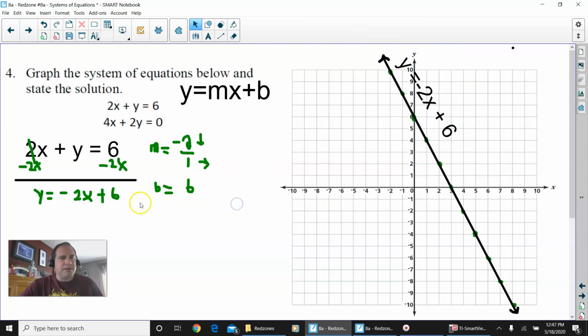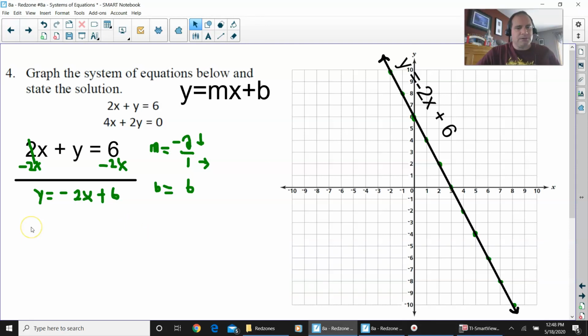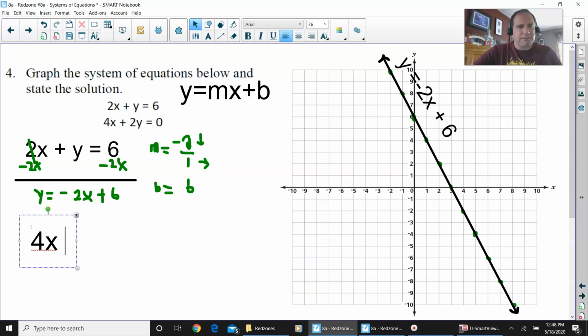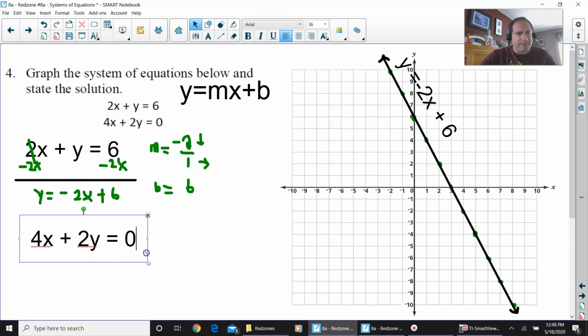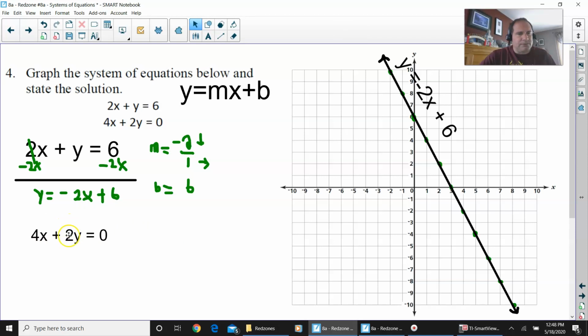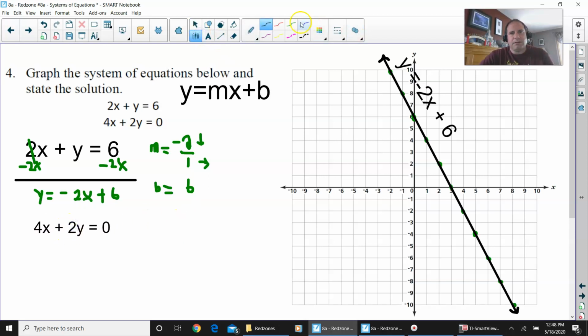All right, so now we have 4x plus 2y equals 0, which is a little bit more difficult. So what do I do to solve for y? This 4x needs to move over.